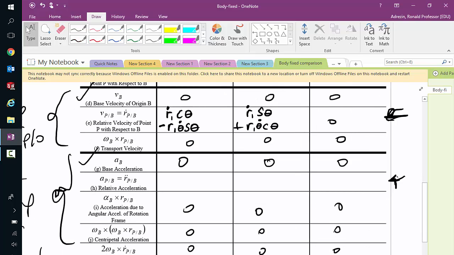Well, how many functions of time do I have here? Well, we haven't made any assumptions. So R1 is a function of time, that's 1. Theta is a function of time, that's 2. That gives me 2 terms. This one here, 1, 2, 3, gives me 3 terms. So I have 5 terms total.